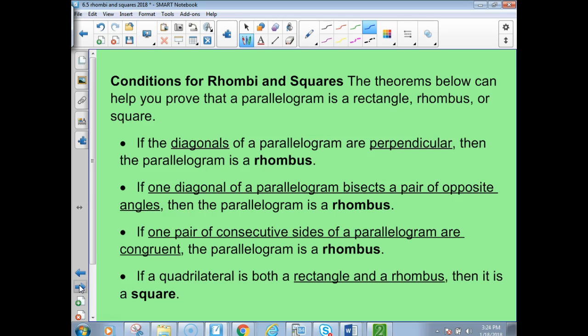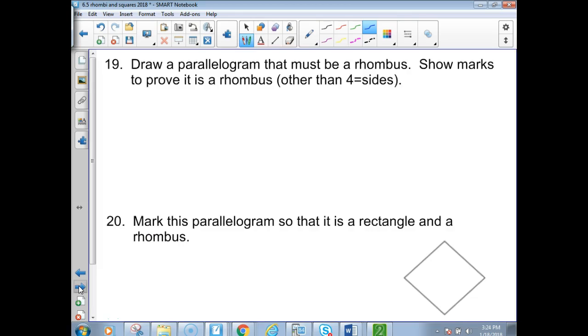The conditions for whether they are rectangles, rhombus, or squares are listed again. It's in your ISN and repeated here in the worksheet. So number 19 says, draw a parallelogram that must be a rhombus. Show marks to prove it's a rhombus, and it has to be something besides 4 equal sides.